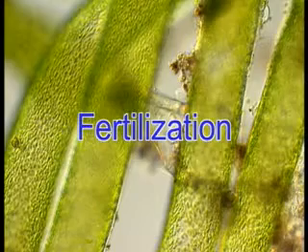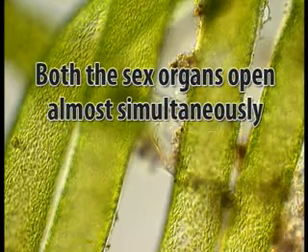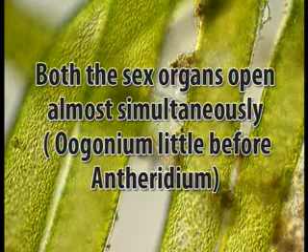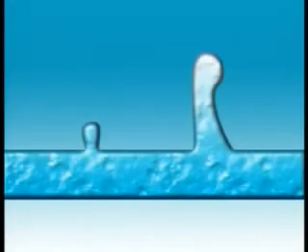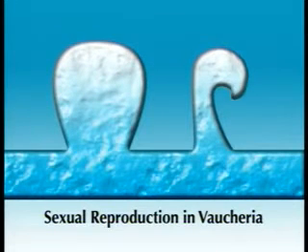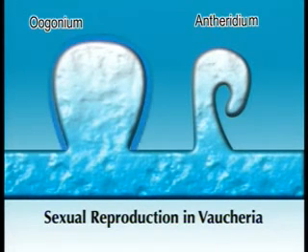Now, fertilization. Both the sex organs open almost simultaneously, the oogonium a little before the antheridium. The antheridia and oogonia situated close together may dehisce at almost the same time, or either of them may open from a few minutes to 2 hours before the other dehisces.